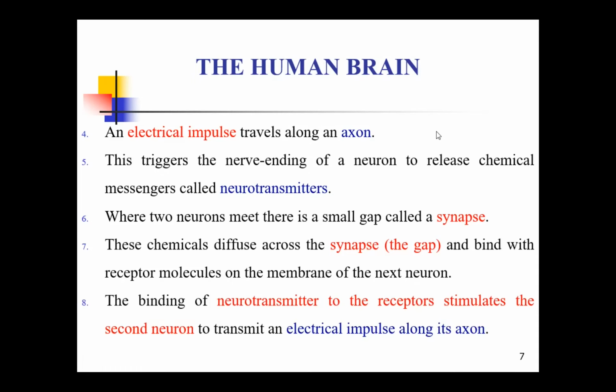The binding of this neurotransmitter, which is a chemical, to the receptor stimulates the second neuron. So the second neuron obtains its input data through the electrical impulse from the previous axon. The electrical impulse triggers the neurotransmitters. By the amount of neurotransmitters, the strength of the electrical impulse is determined.